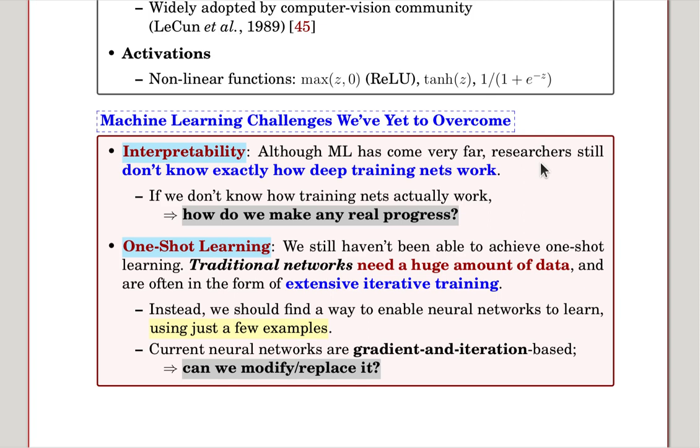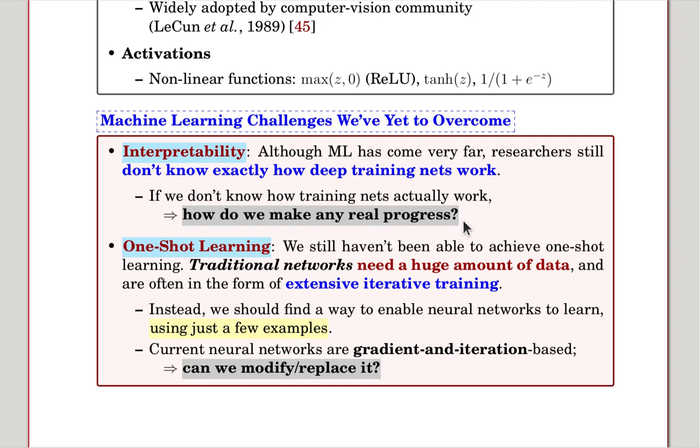If we don't know how trained nets actually work, how do we make any real progress? Interpretability is really important. If you understand the algorithm, then you can more easily modify it and make good progress.